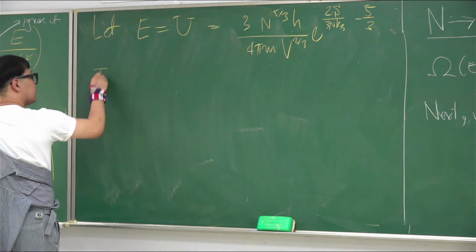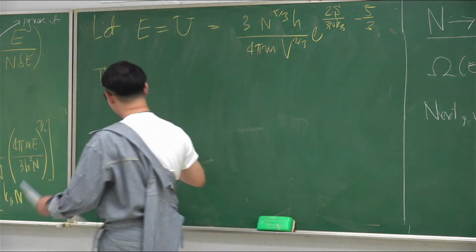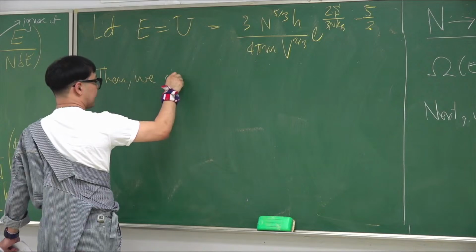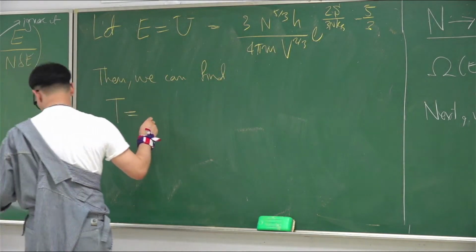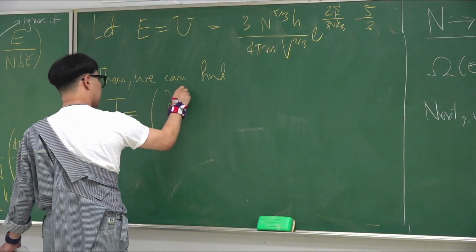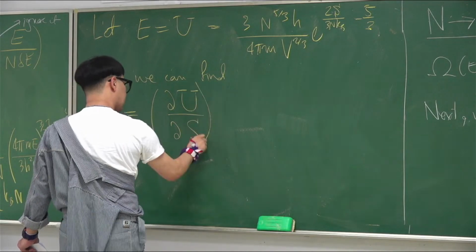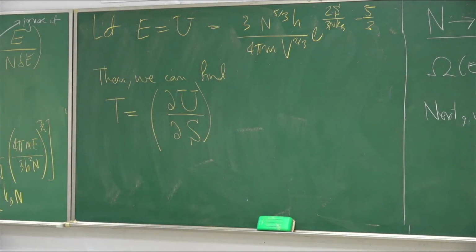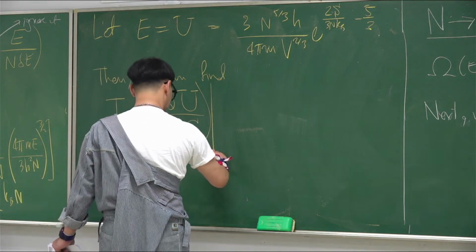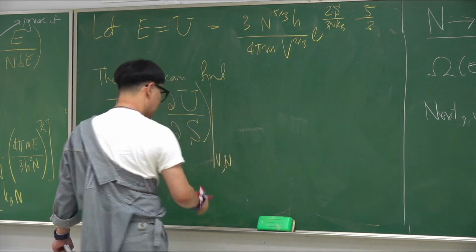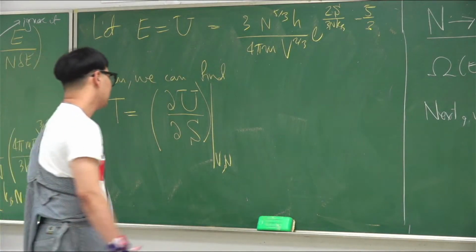And so then you can find, of course, that you could compute the temperature of your system by using this relation, where you fix the volume and the number of particles in your system, right?